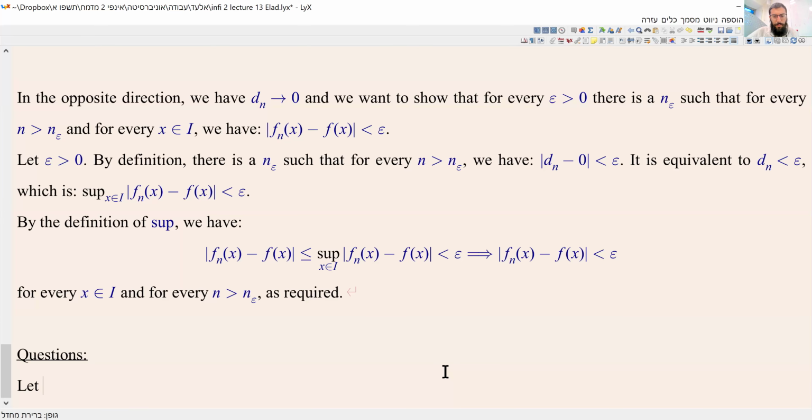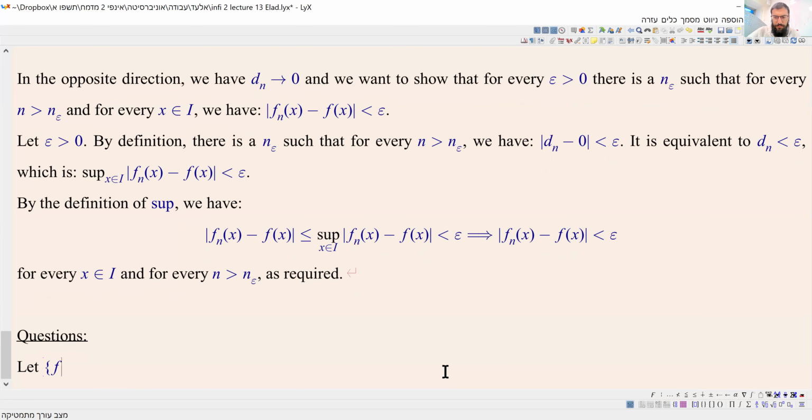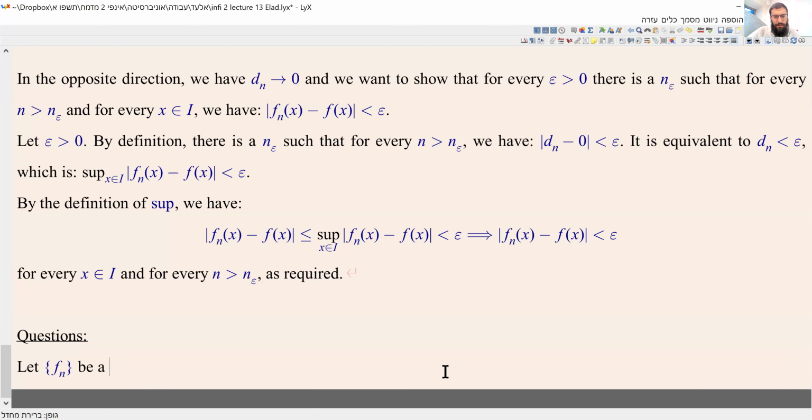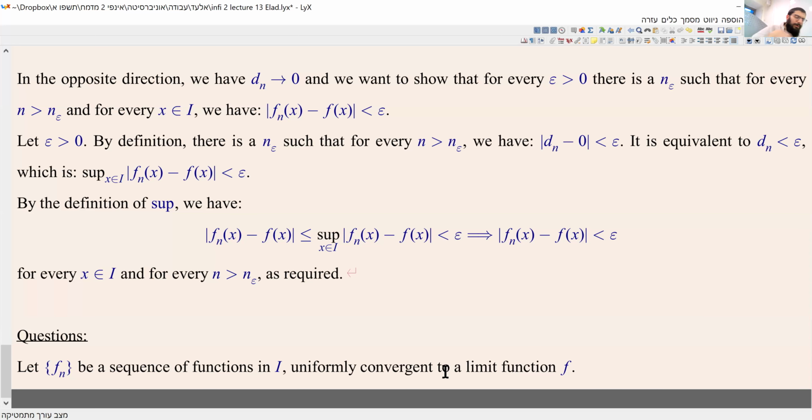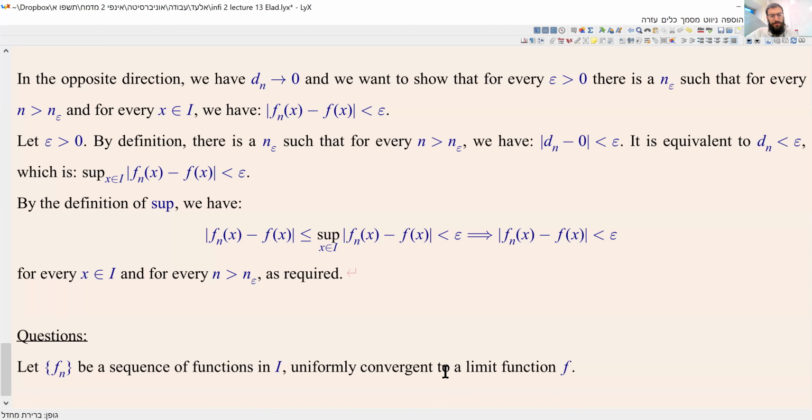Let Fn be a sequence of functions in some segment I uniformly convergent to a limit function f. As we mentioned, we can denote it with two arrows. First question.